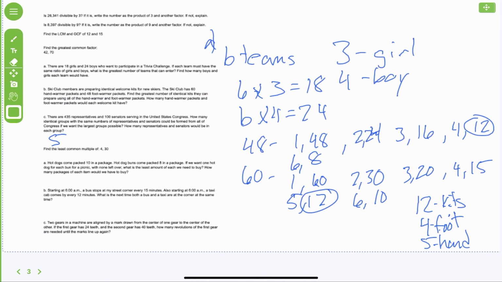How many senators? 20 senators and 87 representatives. Yeah. 5 groups. Senators, there'll be 20, and representatives will be 87.